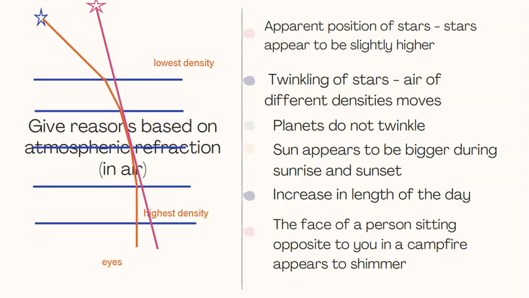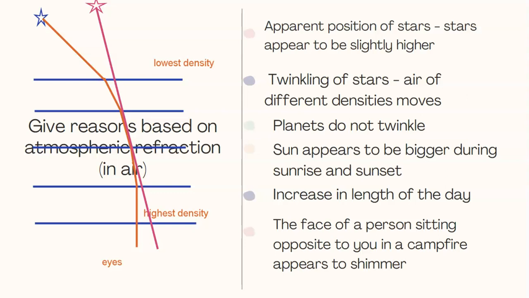You can see that the position of the star has shifted for us when we are observing from the lowest level on the ground. That new position of the star is its apparent position. It is not its actual position. What happened was the starlight was traveling through different densities of air. While passing through different densities of air, it continuously keeps on bending towards the normal, due to which the path of the light becomes curved.